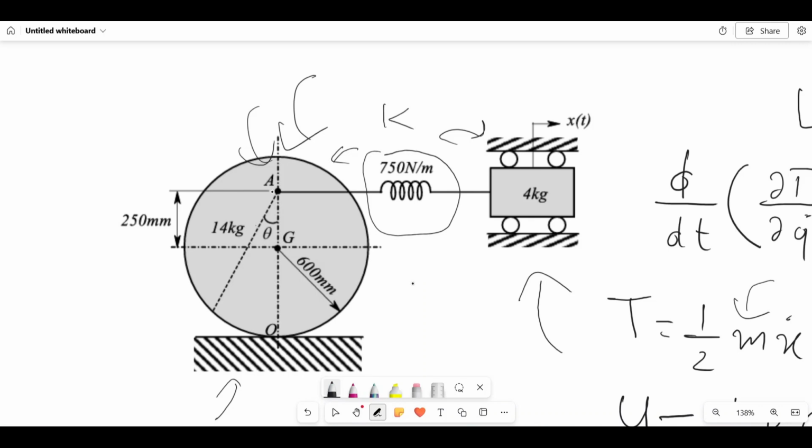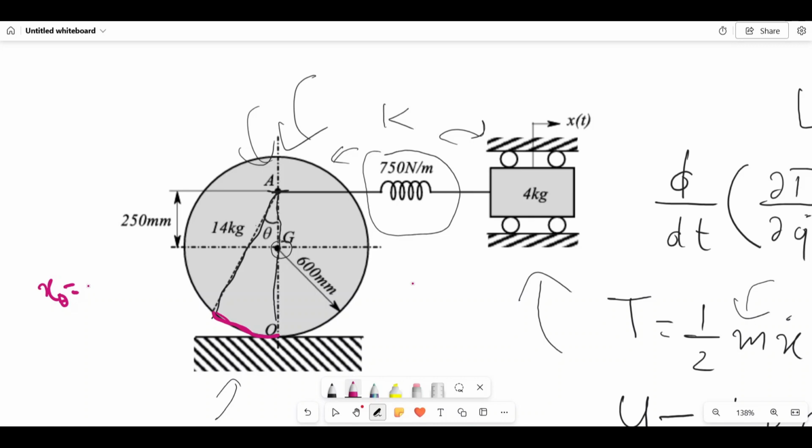You can see where this object is attached here. Don't confuse the center of gravity of this object, which is simply the radius here, but they gave it to you for a reason. Now what I want you to see is this is the point where it's being pulled along. Let's say it was initially here, that's what they said, and it has moved through a certain displacement here. I don't know if you see it. It creates, let me use another color, an arc length from here to here. That arc length is what I am calling x theta. So what is x theta?